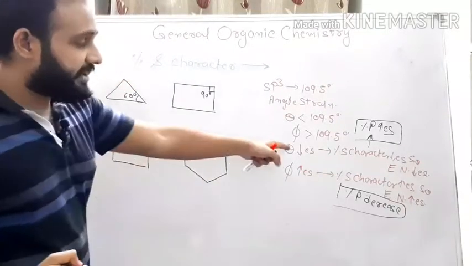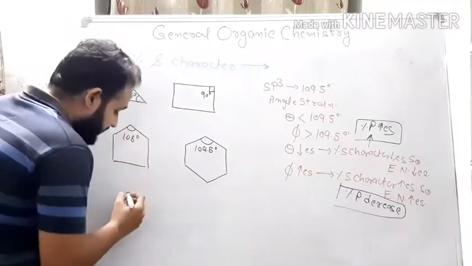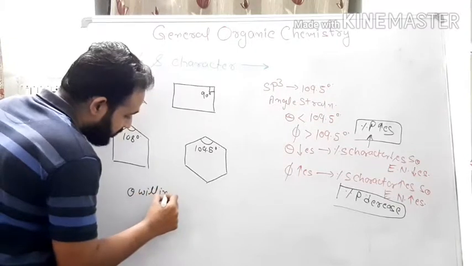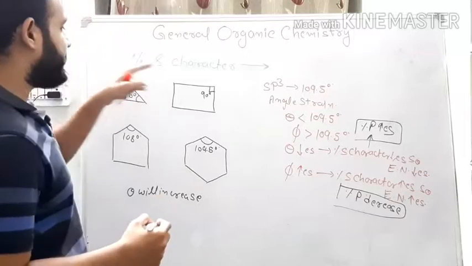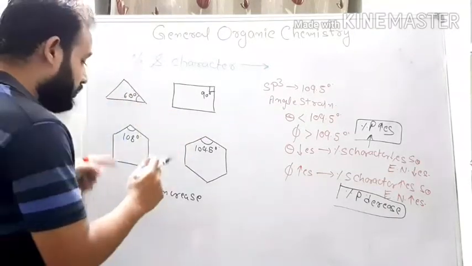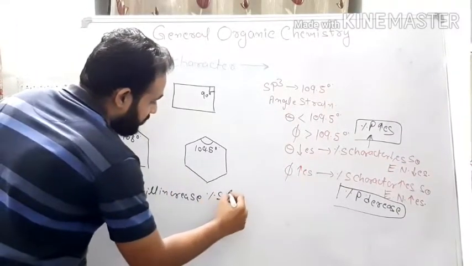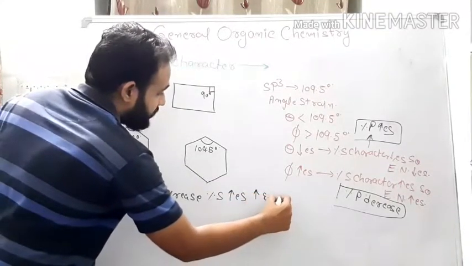So you can relate the values of theta for these compounds. As you see, theta increases continuously in all these four compounds: 60, 90, 108 and 109.5 degrees. So as you know, when theta increases, the percentage s character will also increase, and it means the electronegativity increases.